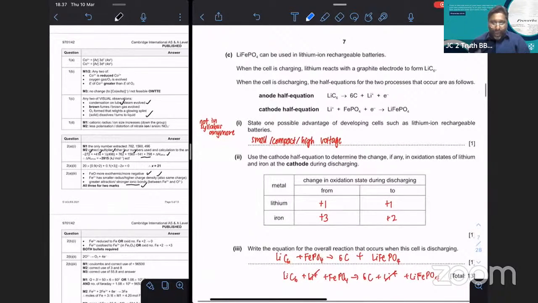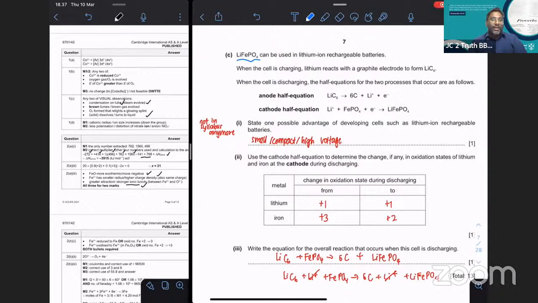If you have LiFePO4, this is going to be used in lithium ion rechargeable batteries. Last time it used to be very popular, but now it's not in the syllabus anymore. But do remember, this paper is 2021, still new. They can still ask you a little bit based on common sense.